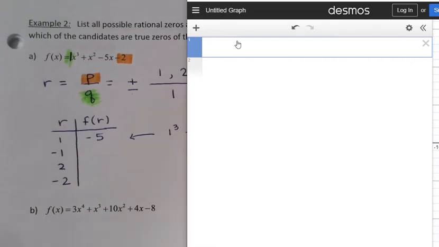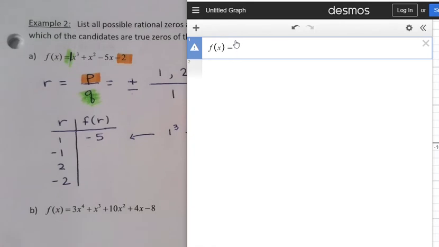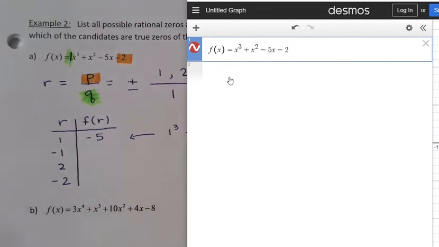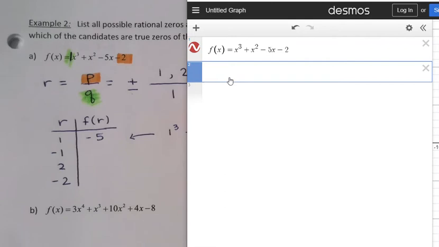And if I go ahead and want to use Desmos, let me first put in my function. And let's see here.